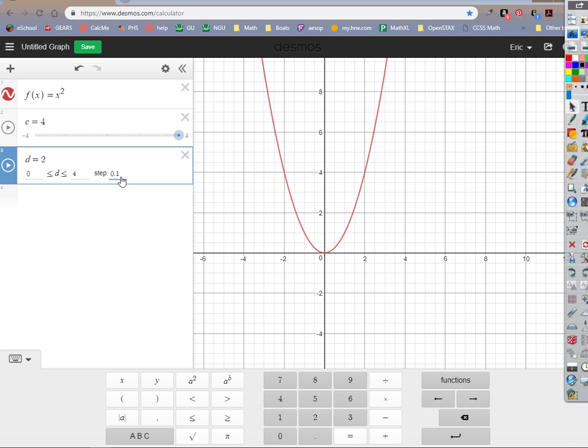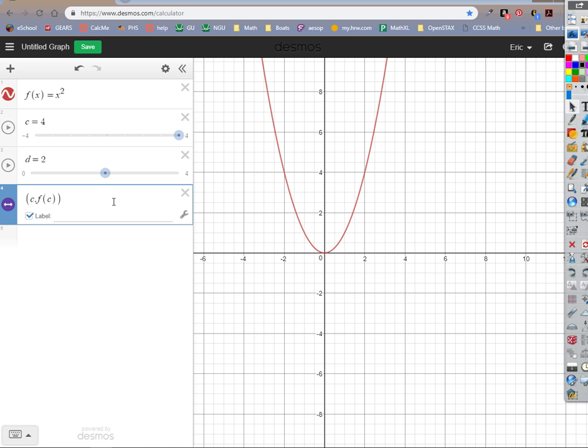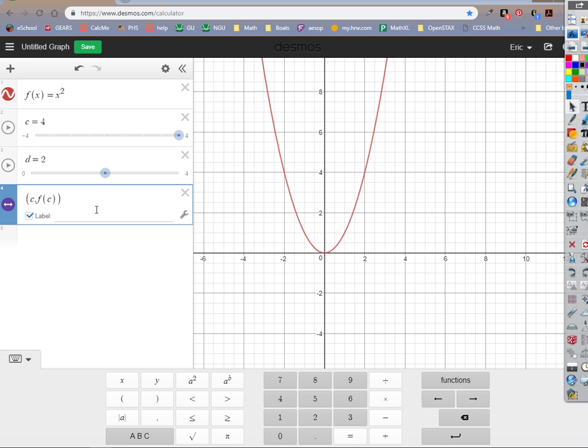All right, so let's take the point then. Let's take the ordered pair c, f of c. What is it doing?